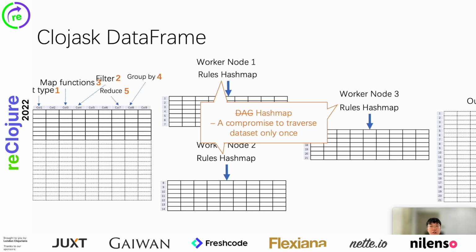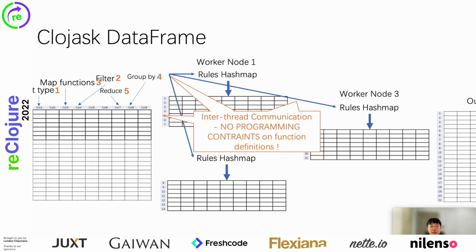However, for a normal use case of a data scientist, it will not make a big difference. This consideration is made as a compromise to traverse the dataset as few times as possible, because we are expecting a large dataset, so the overhead of traversing it once is high enough.